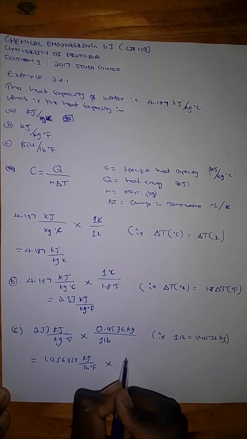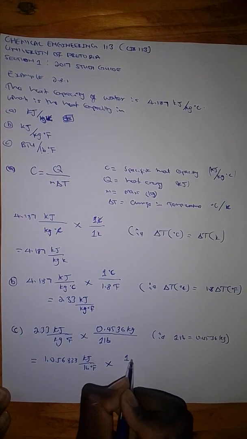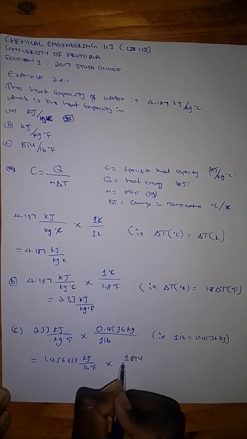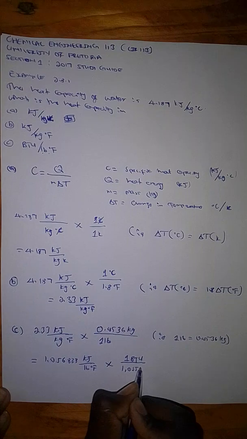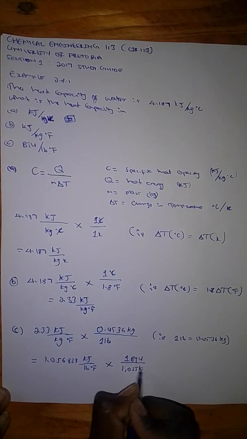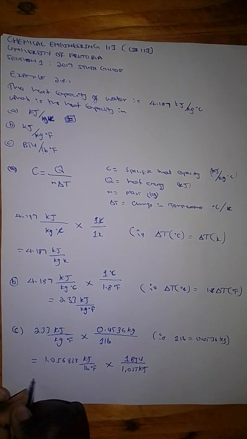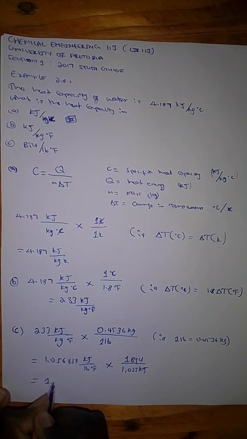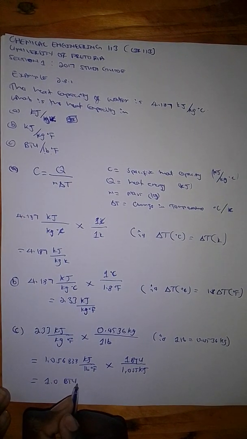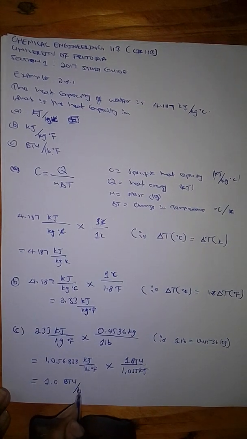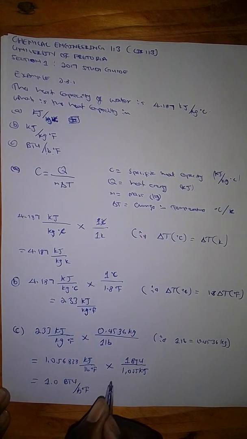I can multiply by 1 BTU over 1.055 kilojoules. That gives me 1.0 BTU per pound degrees Fahrenheit.